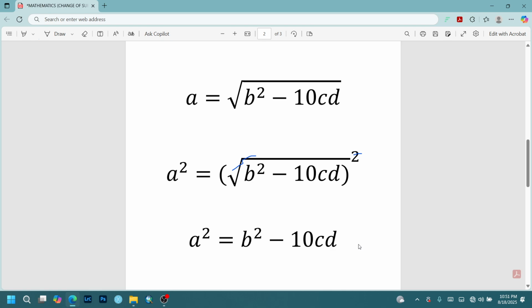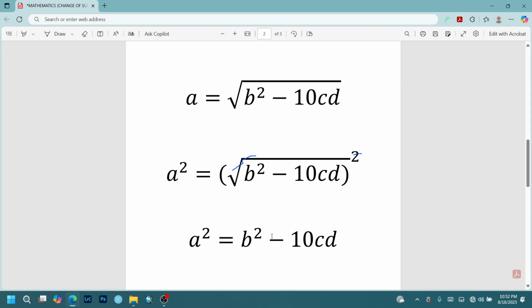When we move negative 10CD to the other side of the equation, when any variable crosses the equal to sign, it will change its form. If it's positive, it will become negative. If it is negative, it will become positive.